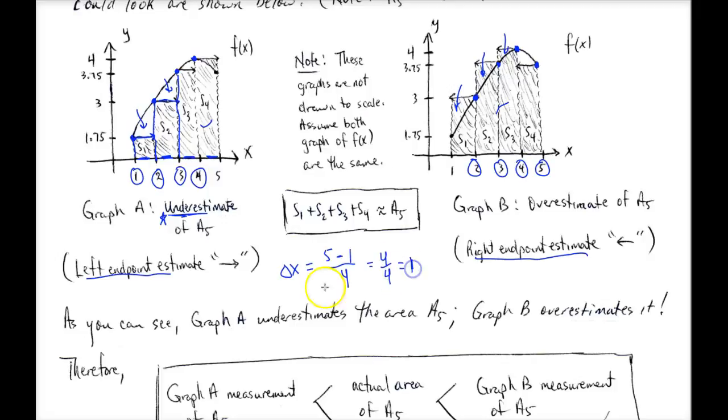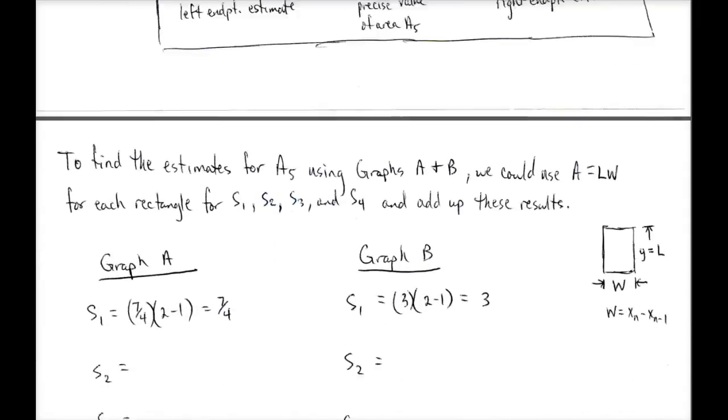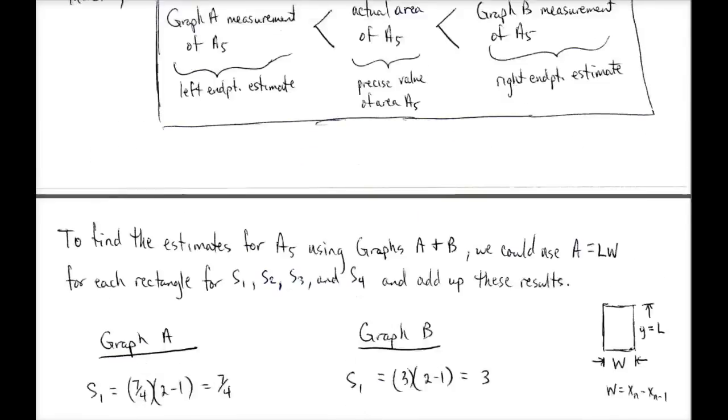And so when that happens, the delta x, or the change in x values at each endpoint, is just going to be 1. So no matter how we look at it, the area under the curve there is always going to have a width of 1.